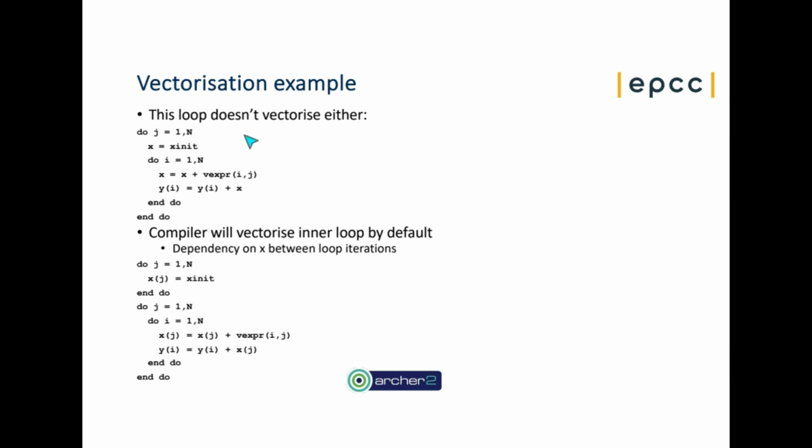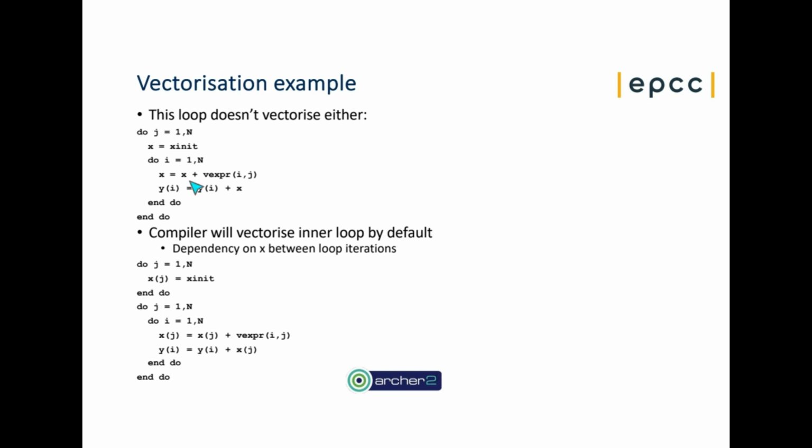Other examples. Okay, so this one doesn't vectorize either because of this dependency here. We've got x equals x plus something that's not a constant, some function of the loop indices.